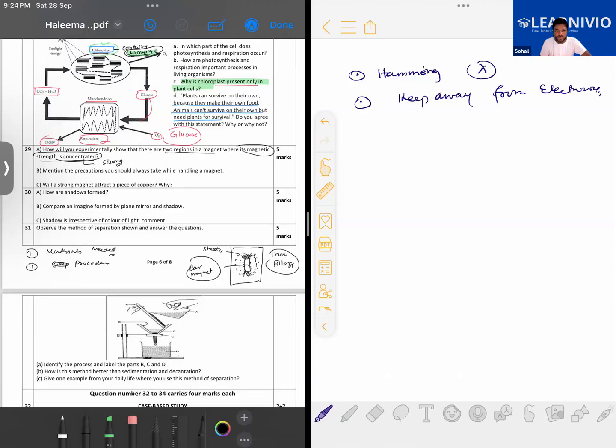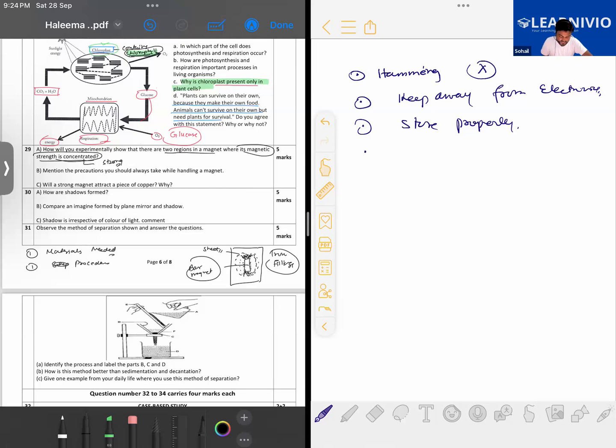Plus, you should store it properly. So store magnets always in pairs with their opposite poles placed together.